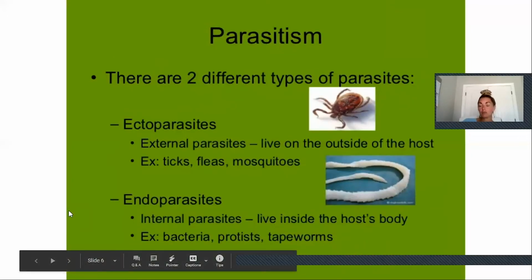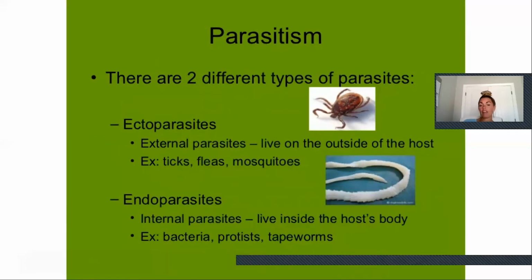There are two different types of parasites. We have the ectoparasites and we have the endoparasites. So an example of an ectoparasite is, it's external, so it's going to be more noticeable. It's going to live on the outside of the host. So that could be, let's see, like a tick or a flea or a mosquito. And then we have the endoparasite that is internal.